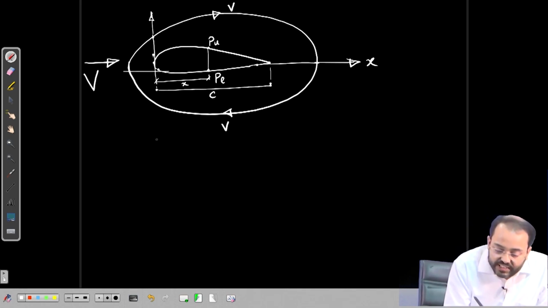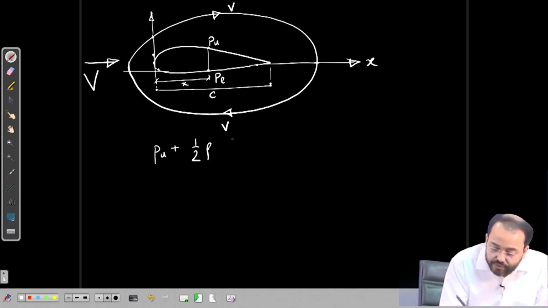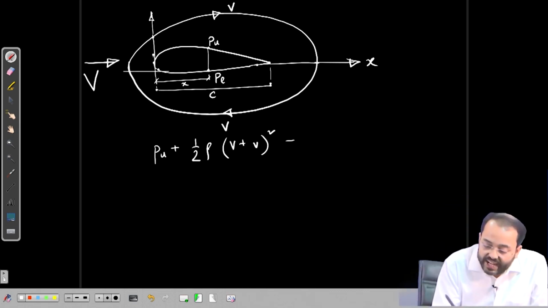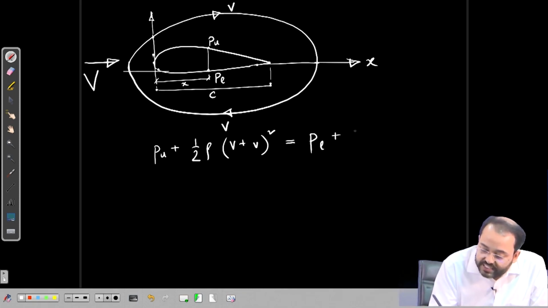In this case, using Bernoulli's equation, we can write Pu plus half rho (V plus v) whole square. So, the total velocity over the upper surface will be V plus small v and the total velocity over the lower surface is V minus small v.